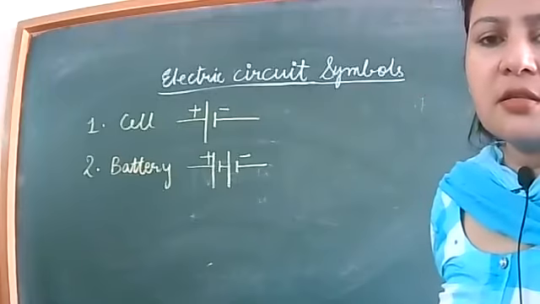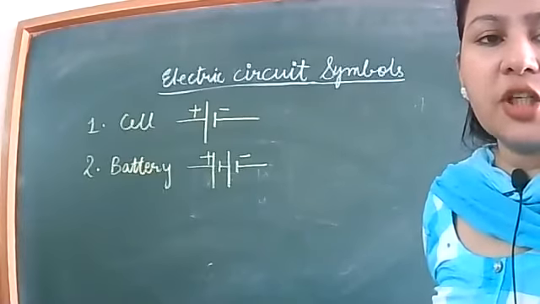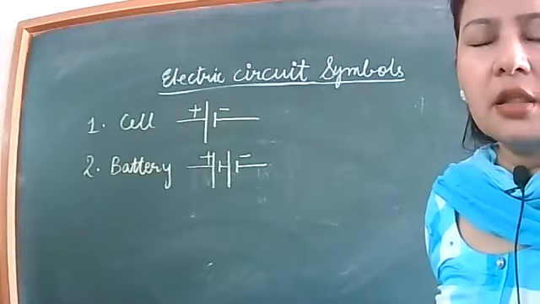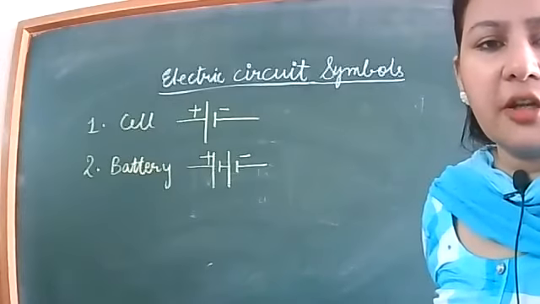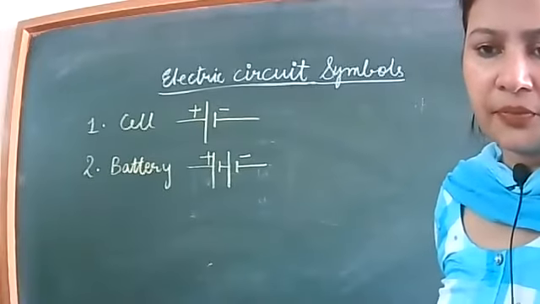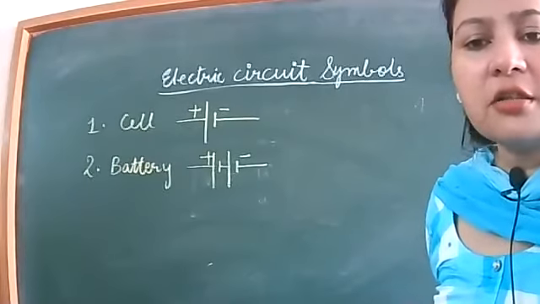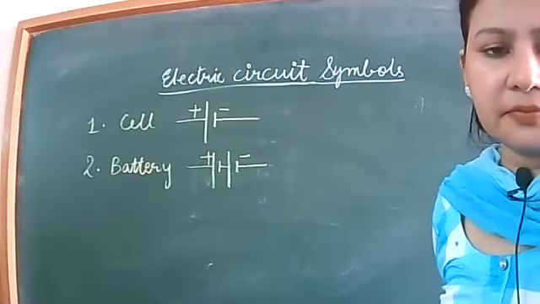that provides sufficient potential difference for current to flow in a circuit.